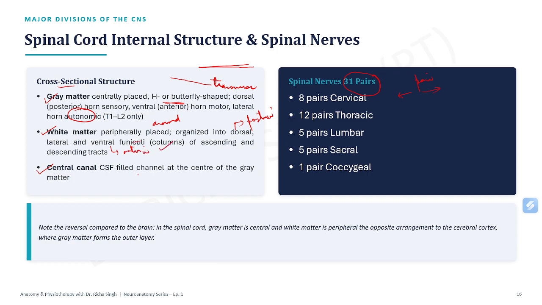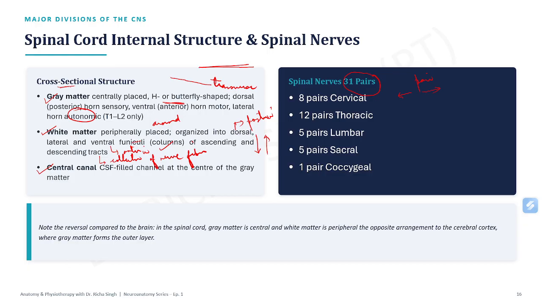Funiculi are nothing but columns of ascending nerve fibers, meaning those going upwards, and descending, those nerve bundles that go downwards. What is the meaning of tracts? Tracts means a collection of nerve fibers.